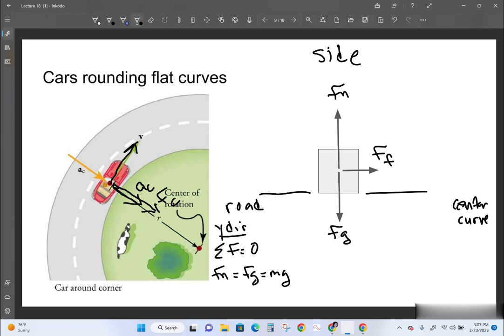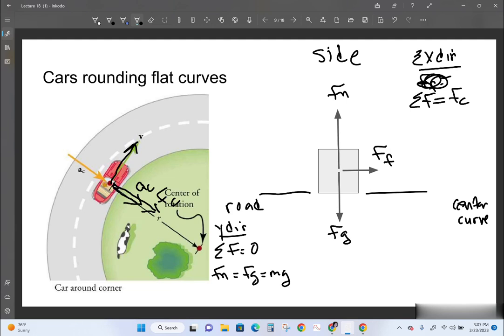And in the x direction, there's only one force acting on it, and that is the frictional force. And that is providing, actually, let me restate that. All of the forces acting on it are providing a centripetal force.